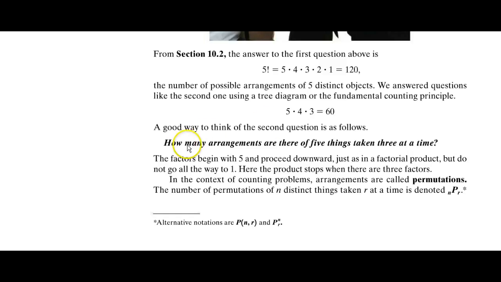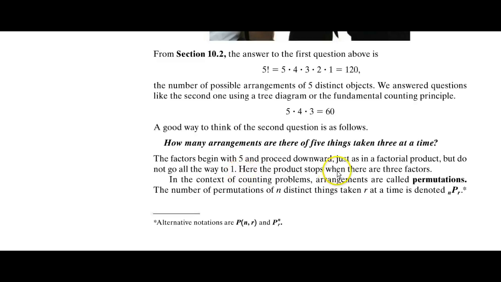Now, how many arrangements are there of 5 things taken 3 at a time? Well, this is kind of a new way of generally stating something, and we might say the factors begin with 5 and proceed downward, just as the factorial product, but do not go all the way to 1.